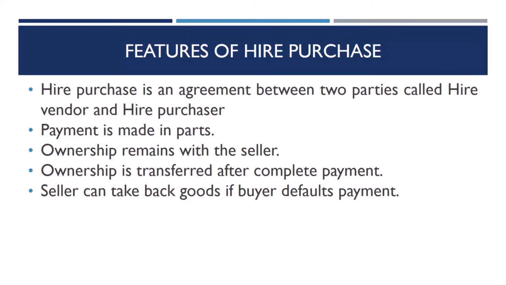The vendor can take back the product. Why? Because the ownership is still with the seller. That's the reason why he can take the product back. So these are the features of hire purchase.